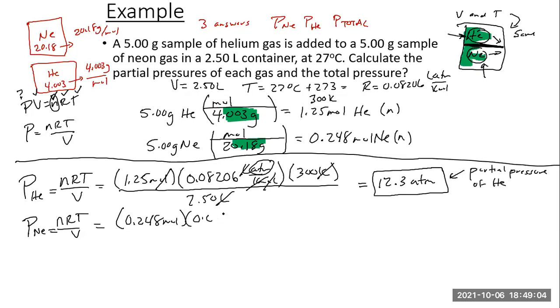R is the same, temperature is the same because they're in the same container flying around, and volume is the same because they're in the same container.